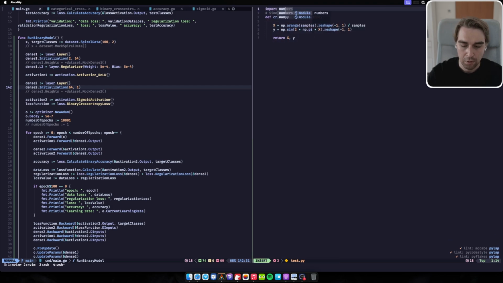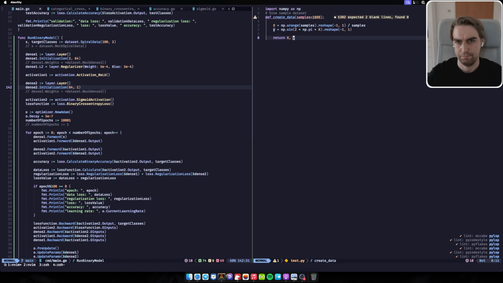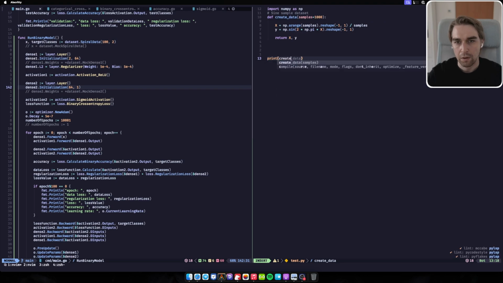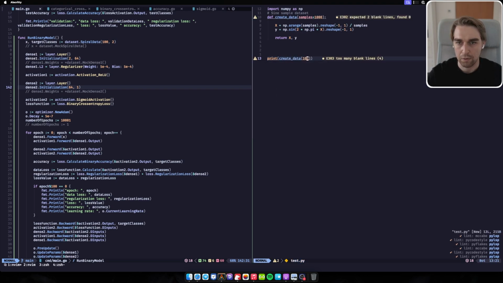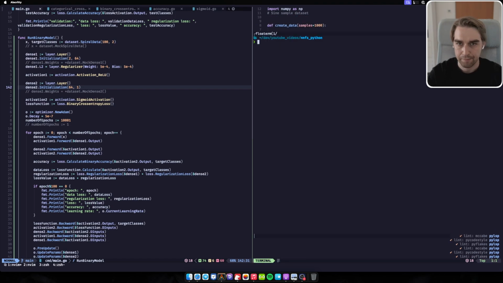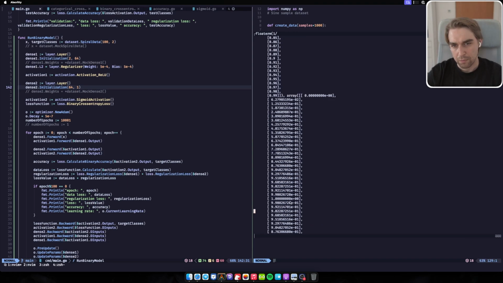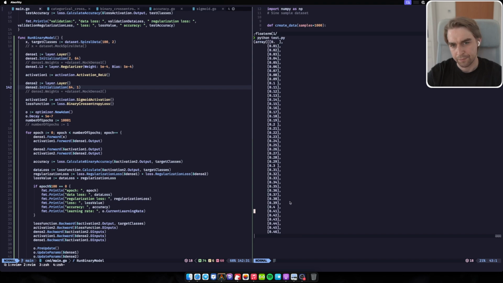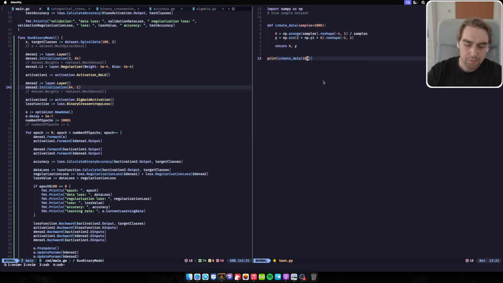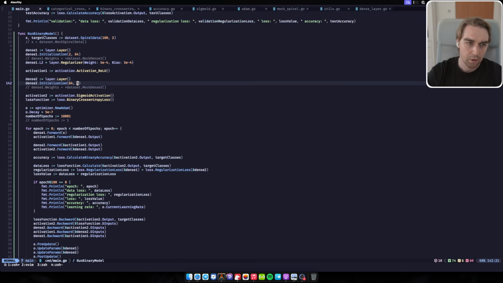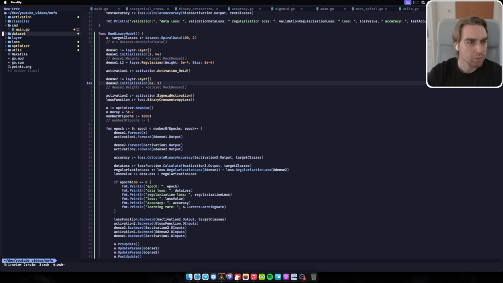Import numpy as np, right? Print create data, 100. And Python test. Okay, yeah, I was right. I don't need to do this because I'm still going to implement it in a different way, but I'm going to create this.